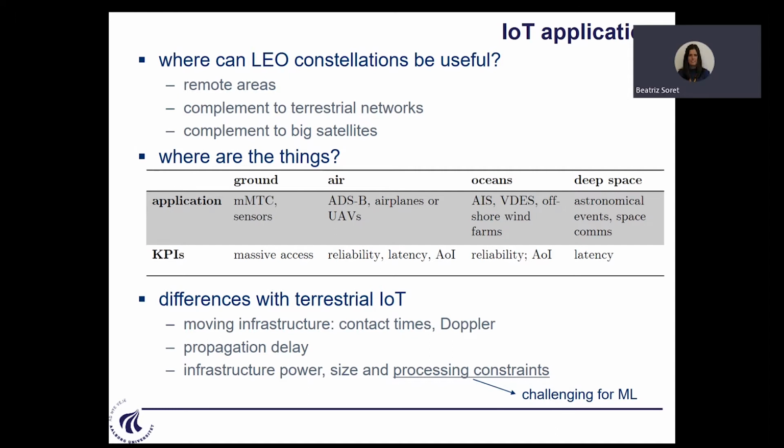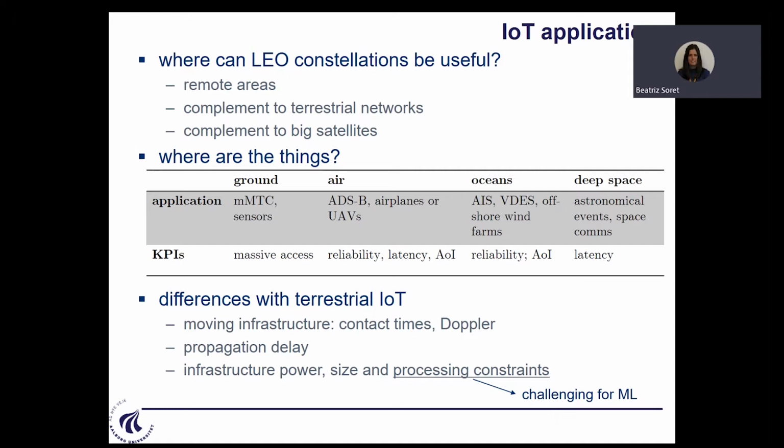For example, in the context of 5G, the massive MTC, where you have a lot of sensors deployed and you have to read them, in this case from a satellite. And if it's a massive connection, the main challenge, the KPI, would be having a massive amount of data being collected.